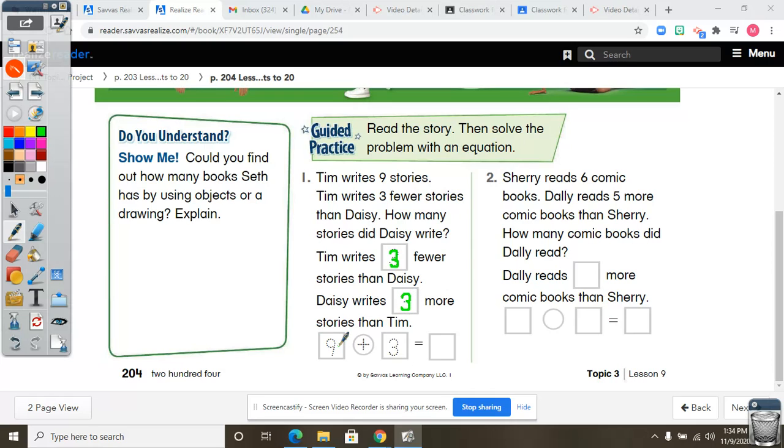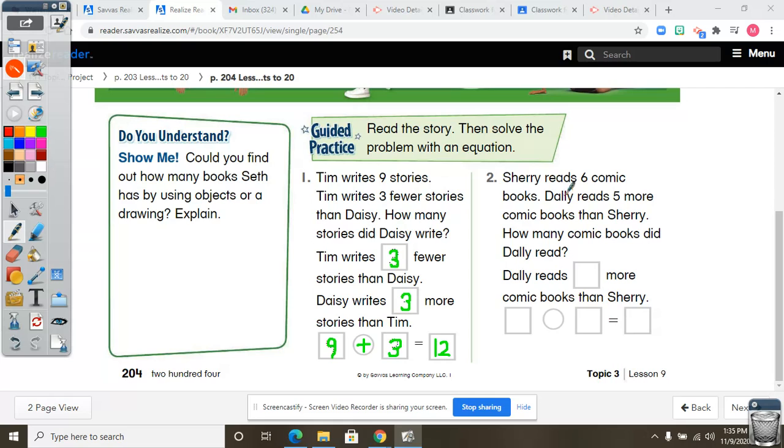So the equation that the book gave us, well, Tim wrote 9 stories plus 3 stories because Daisy wrote 3 more stories than Tim. And then if you use your number line, 9 plus 3 equals 12. So Daisy wrote 12 stories.